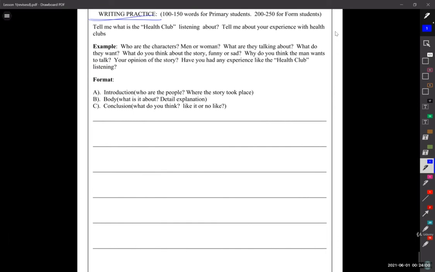Now over here we have a difference. This writing practice is for both primary and secondary students, form students. It is mainly about the second listening that the students will hear.